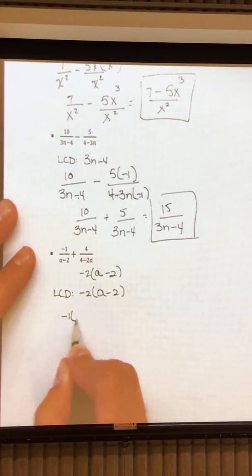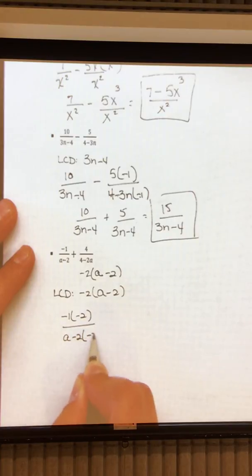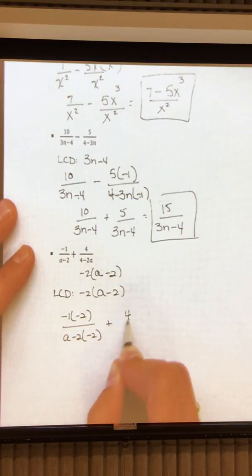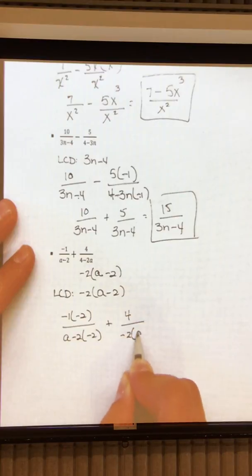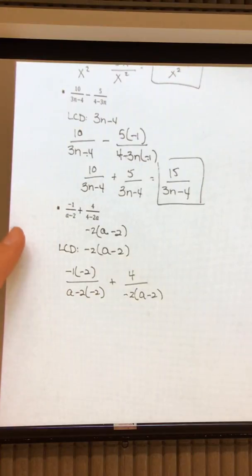So we have negative 1 times negative 2 over a minus 2 times negative 2 plus 4 over negative 2 times a minus 2. So now we have the same denominator, which means we can combine our numerators.